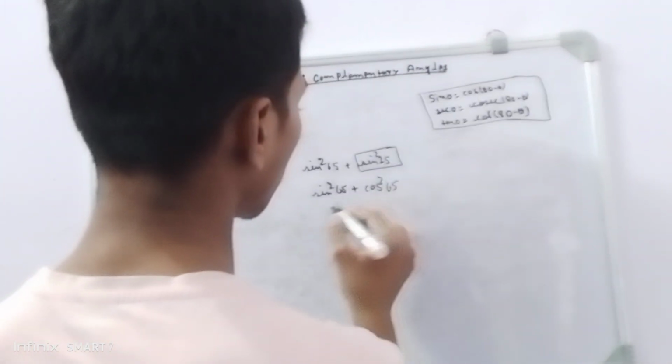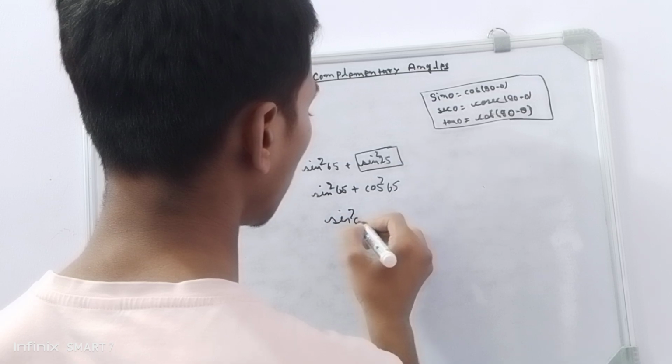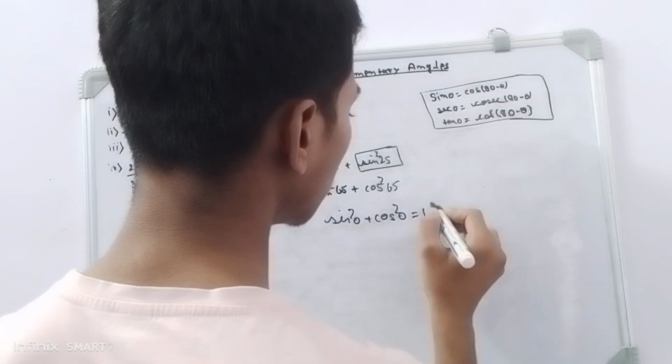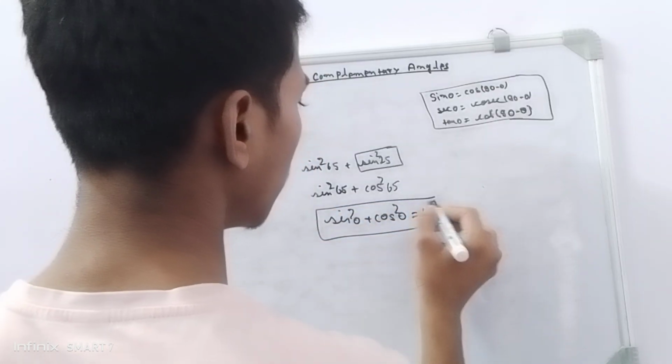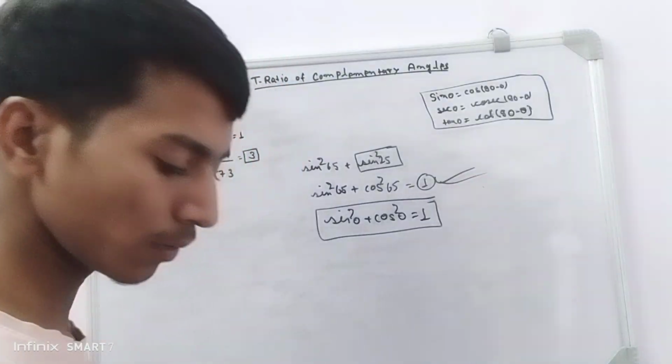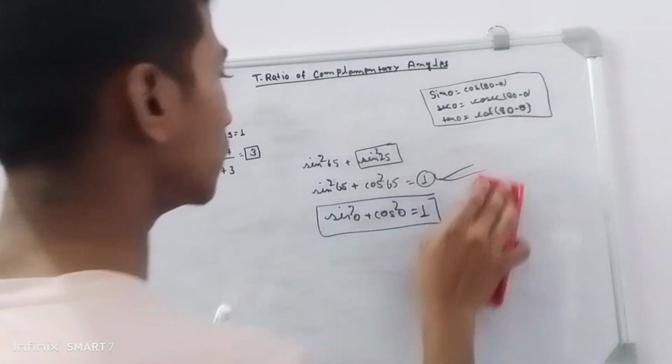So it is sin square theta plus cos square theta, which is equal to 1. So 1 is going to be the answer of this question.